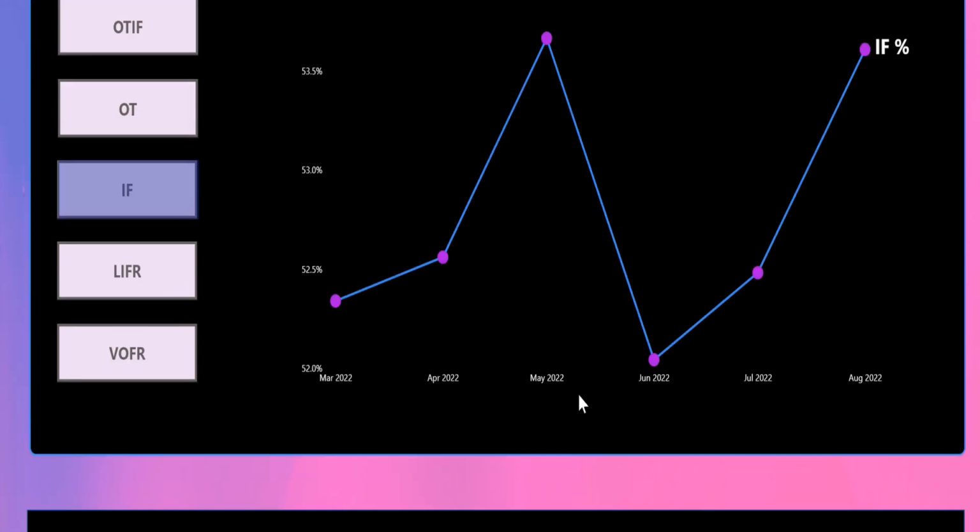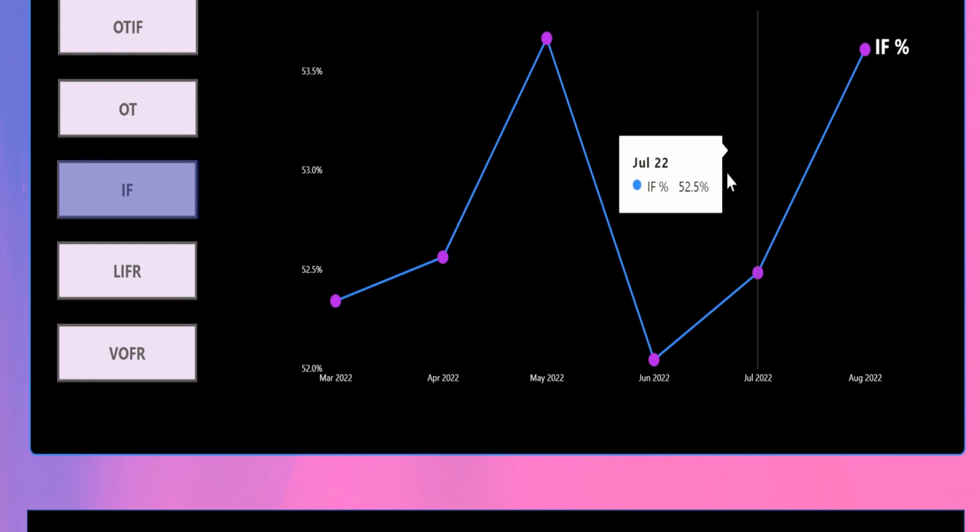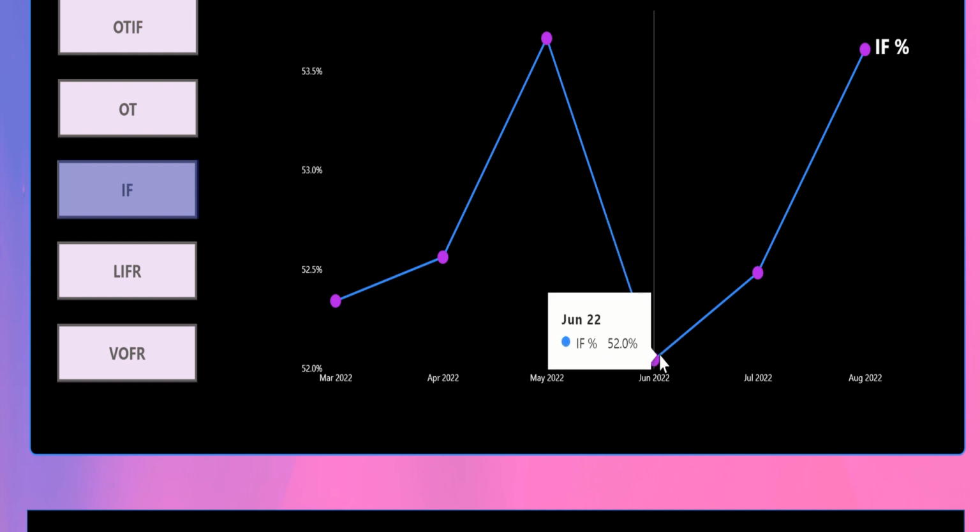So OTIF is also quite good, but I have noticed one thing, which is in June 22, I think there was a big disaster, or there was a big, I don't know, big downfall. So that's why in all of our trend charts we can see a spike downwards in June 22.